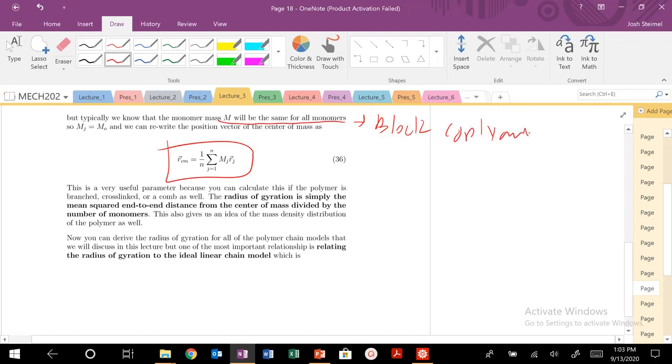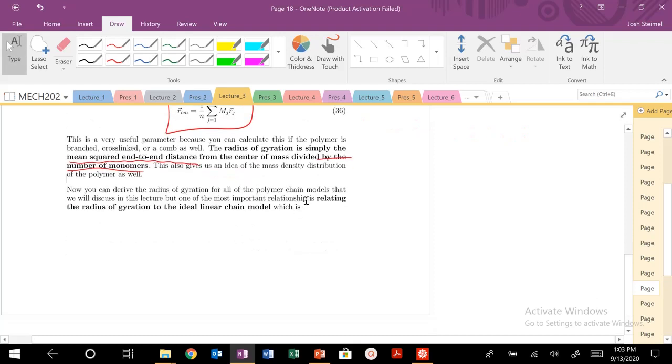If it's a periodic polymer or a random block polymer, that's going to be really tricky. But the radius of gyration is just the mean squared distance from the center of mass divided by the number of monomers. We're not going to talk about it too much in this course, but we wanted you to know going forward that the radius of gyration is very similar. It first takes into account the center of mass, and then it calculates your RMS distance.